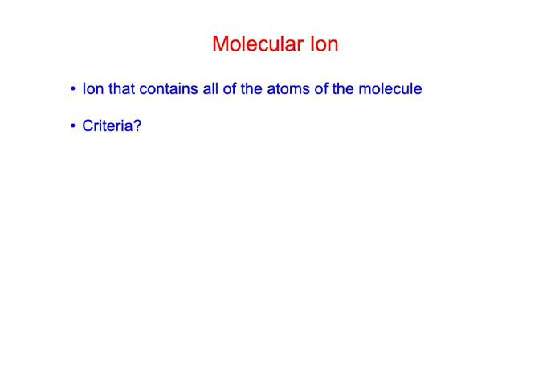All right. So the molecular ion, like I said, is the ion that contains all of the atoms of the molecule in their most abundant isotopes. Okay, so what criteria do we have for a molecular ion? If we see an ion in the spectrum, how do we know it's the molecular ion? It's the largest I'm seeing. Right, it has to have the highest mass, or highest mass to charge ratio, I guess.